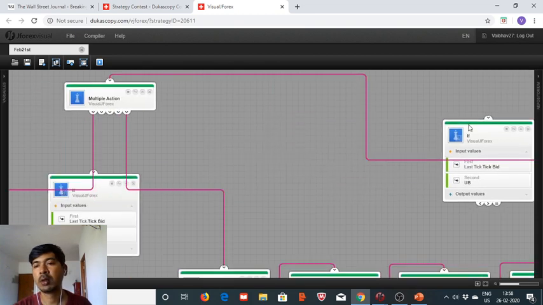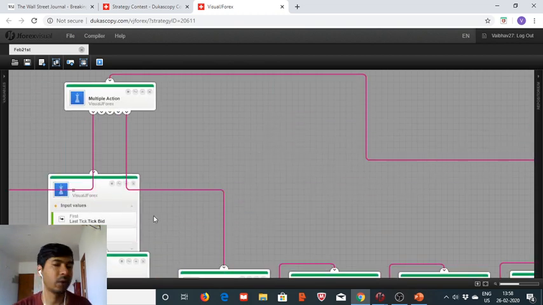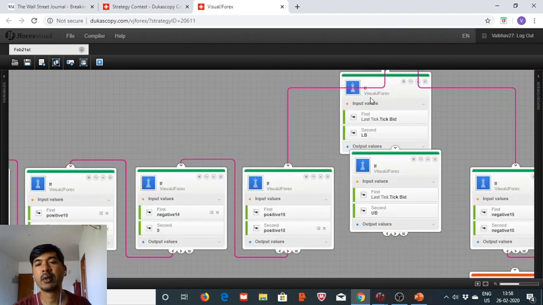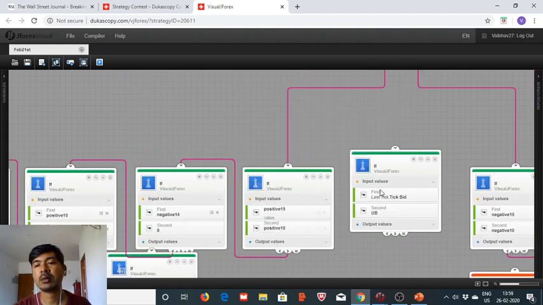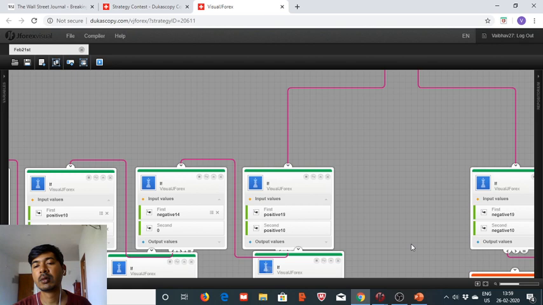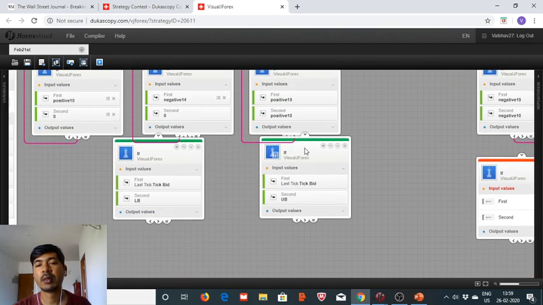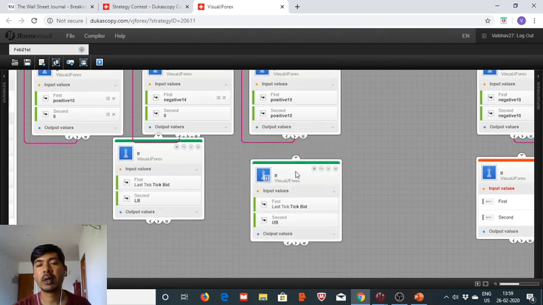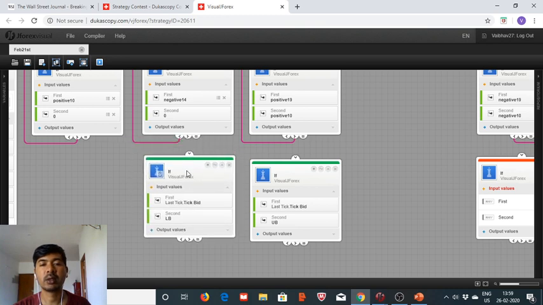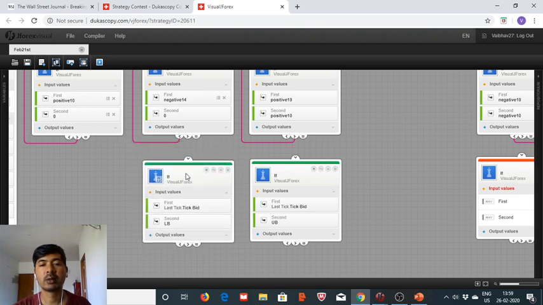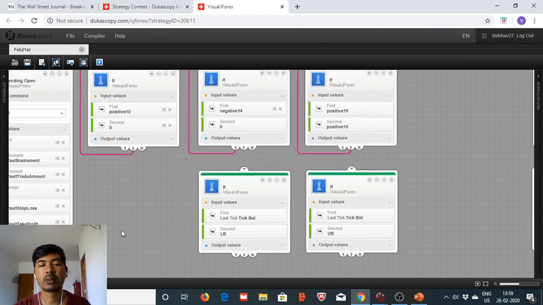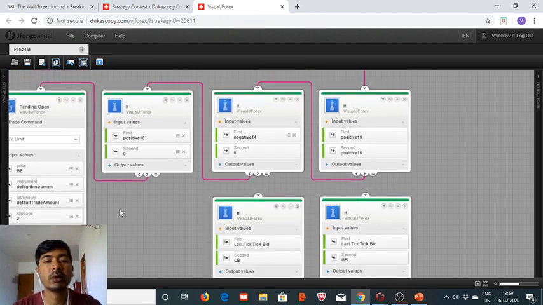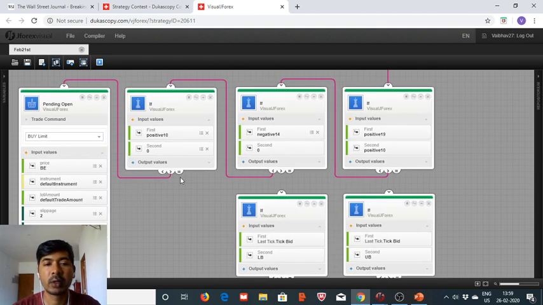And now we take these conditions here to the buy side, and on the buy side we bring in the conditions, and we want the rest of the conditions to be as it is.